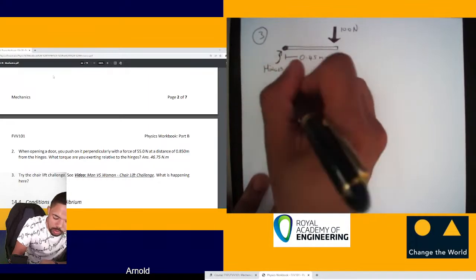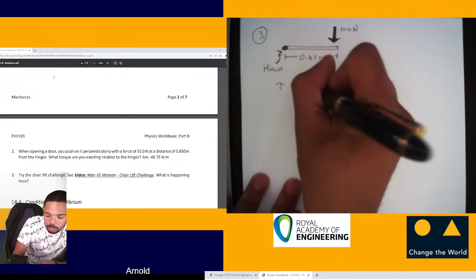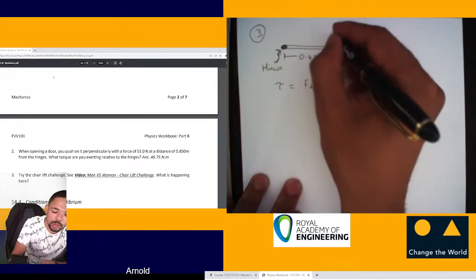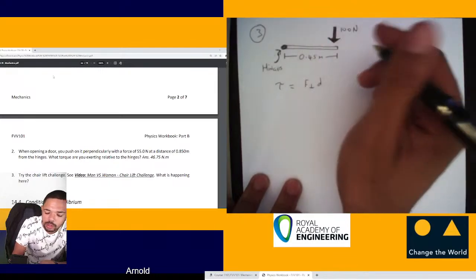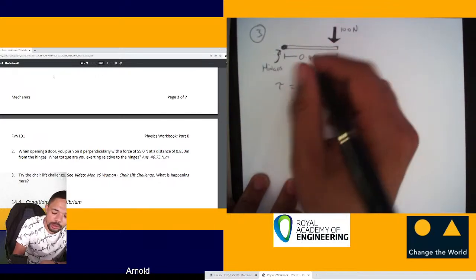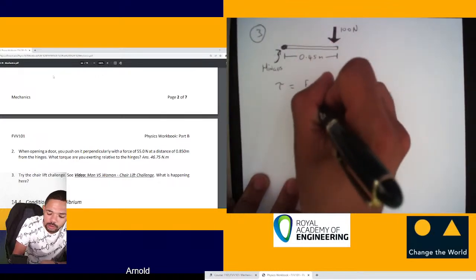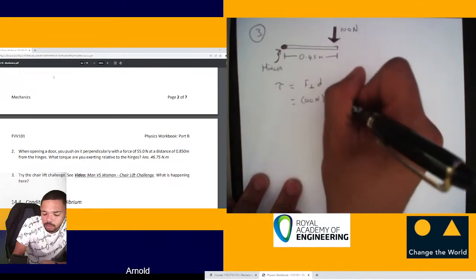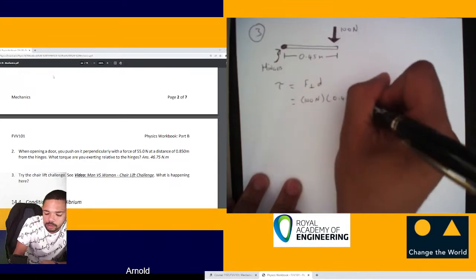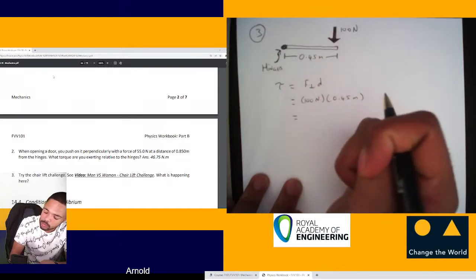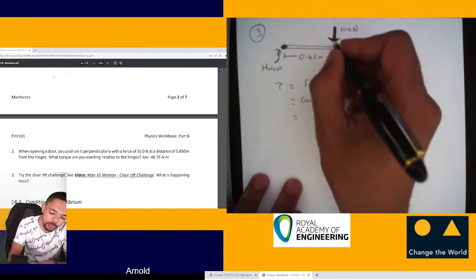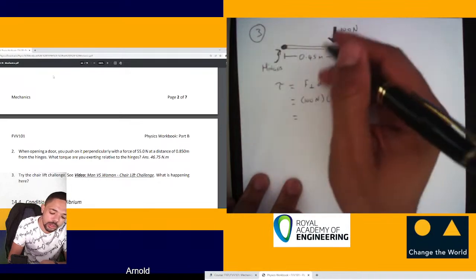So the torque is equal to the perpendicular component of this force, which is already acting perpendicular, times the distance at which it acts. In this case it is 0.45 meters, so it'll be 100 newtons multiplied by 0.45 meters. And of course in this case it's going to be rotating this thing clockwise.